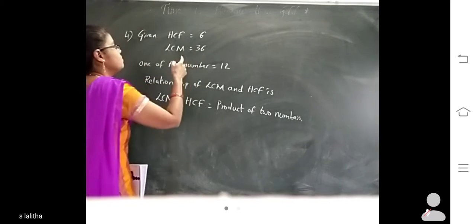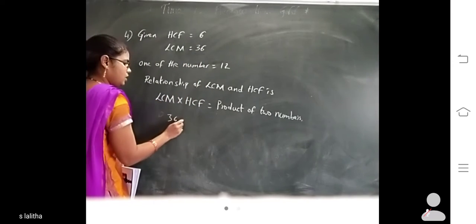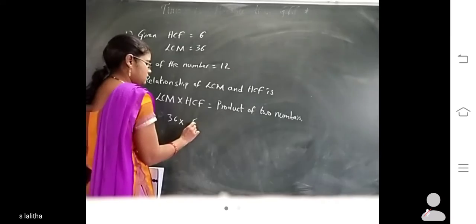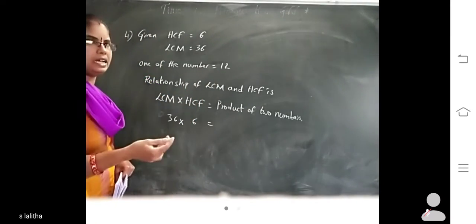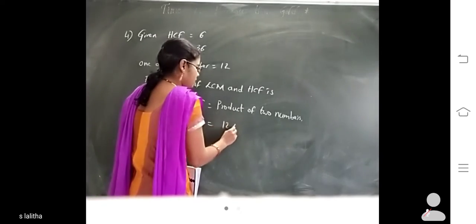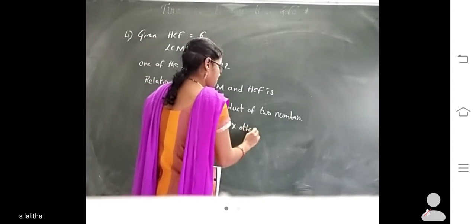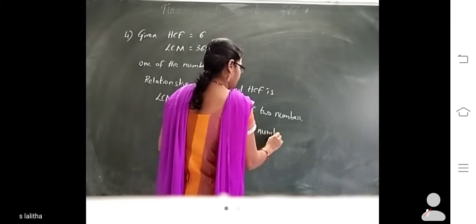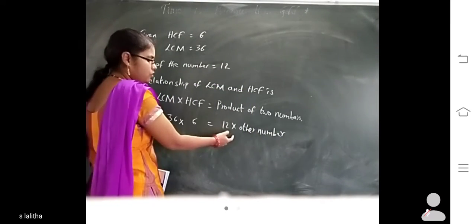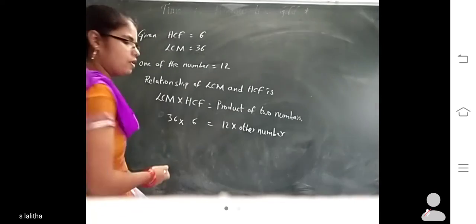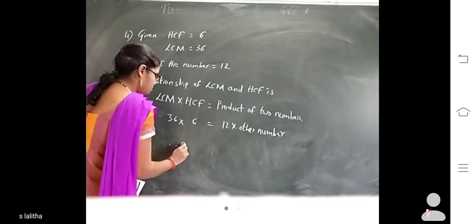So what is LCM given here? 36 into HCF 6 equals the product of two numbers. One number is given, you have to find the other number. That is 12 into the other number. So here 12 is multiplied. If you transpose it here, what will it become? Divide.